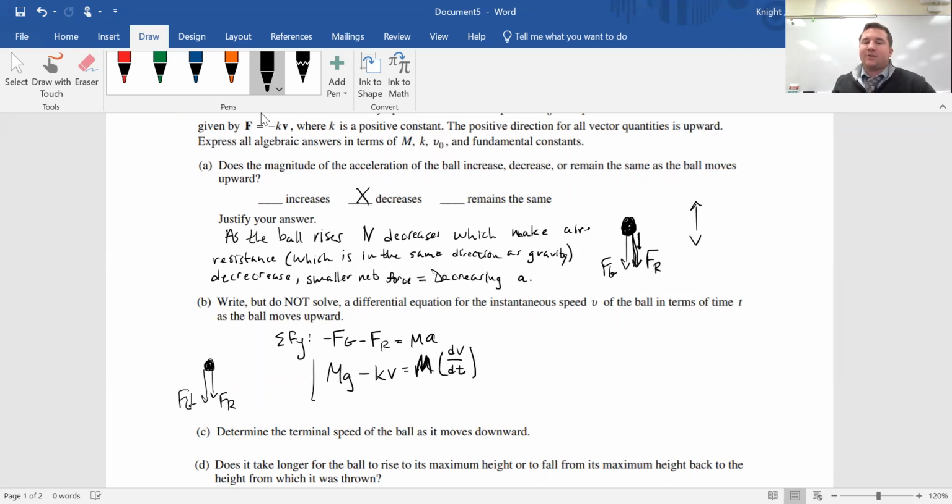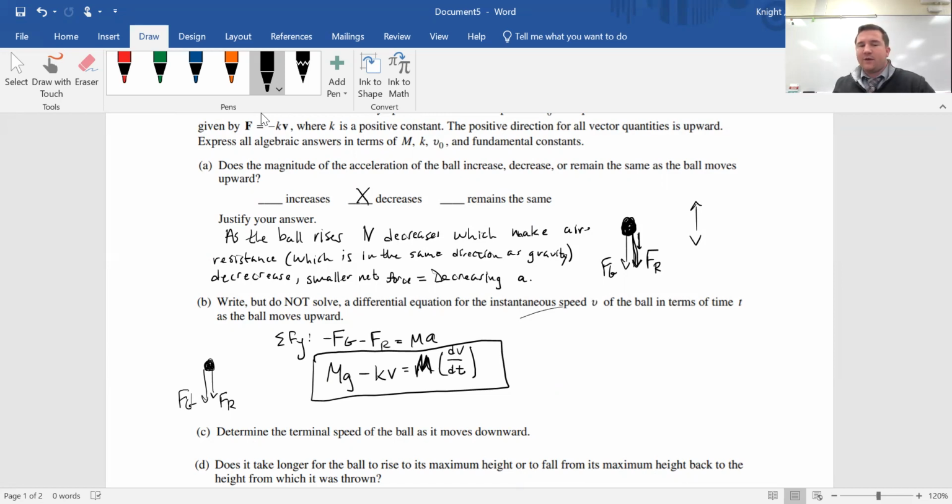Now we have a differential equation that is set up to be solved for velocity. We could separate out the variables if we wanted to, but I don't think we have to do that. It says we don't have to solve it, so we can just leave it like that.